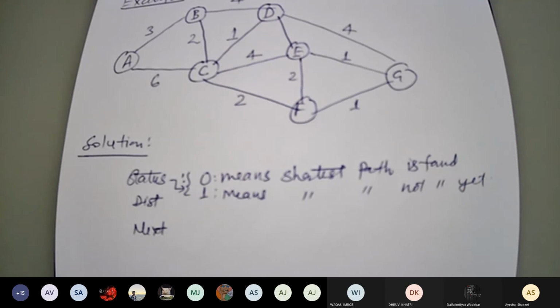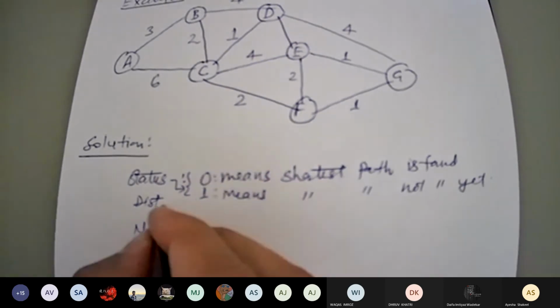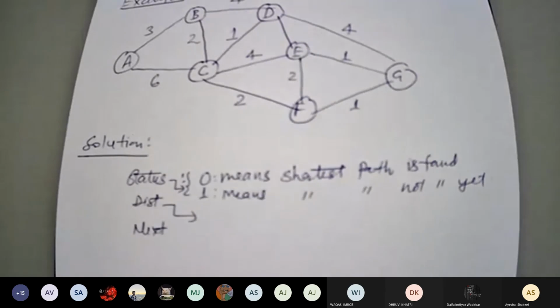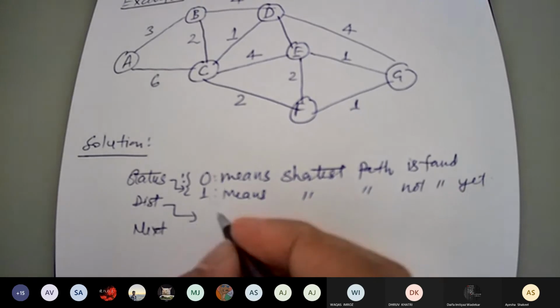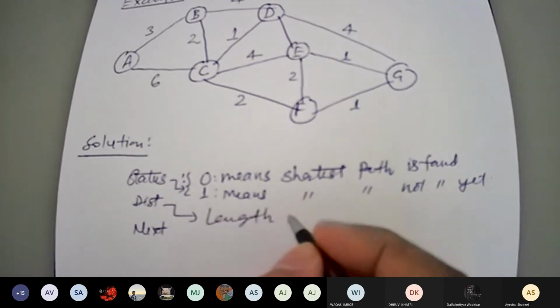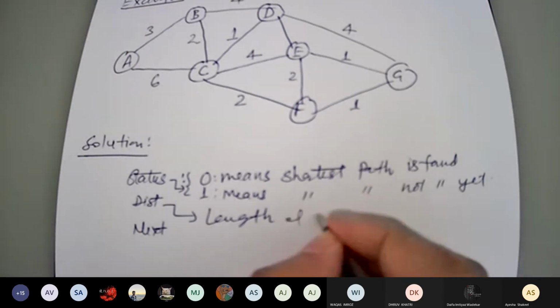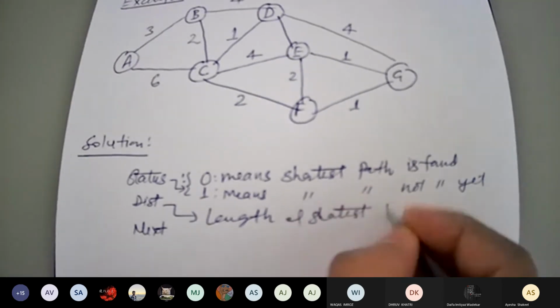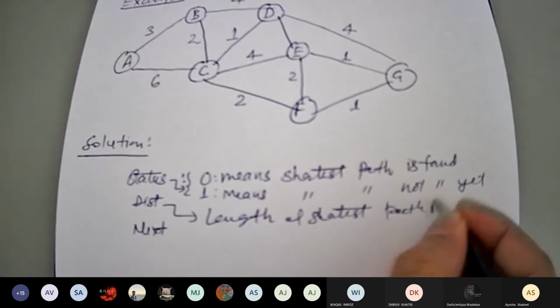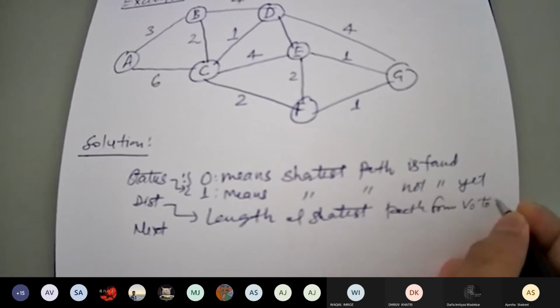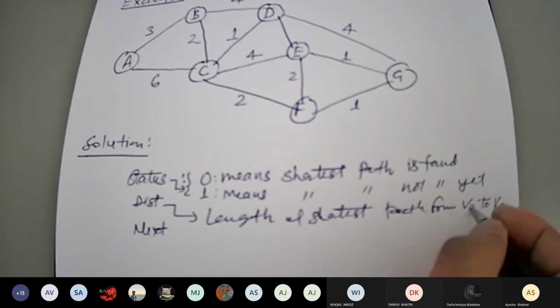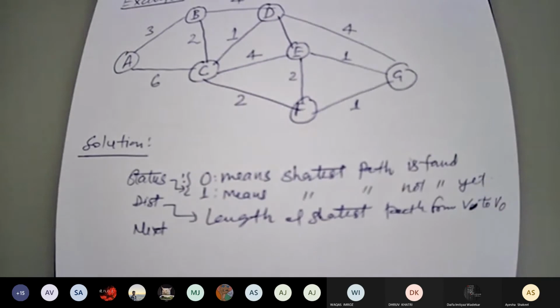What is distance? Distance will represent the length of the shortest path from V0 to V0, or V0 to V1 we can write. Okay, and what is next?